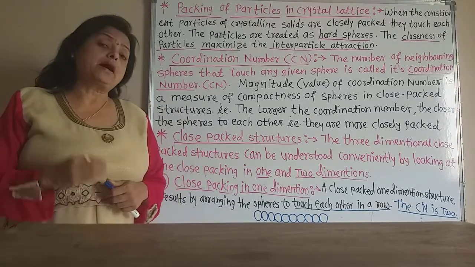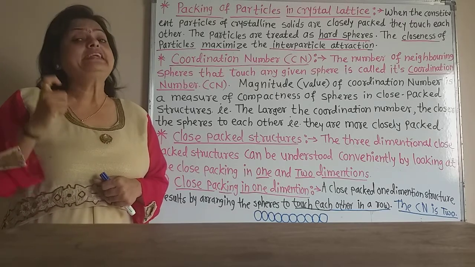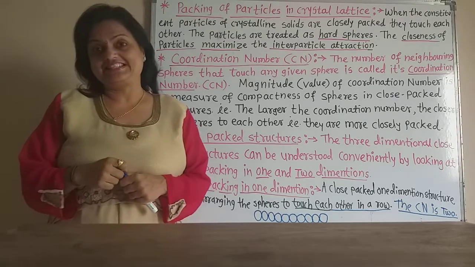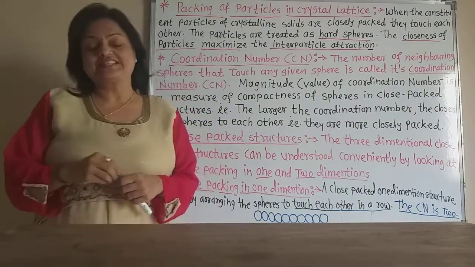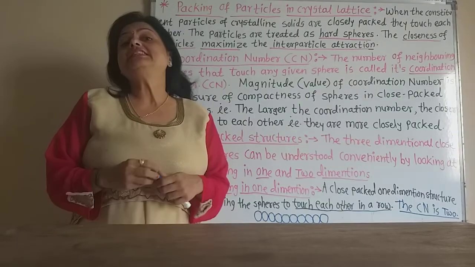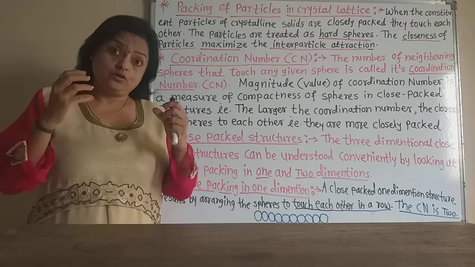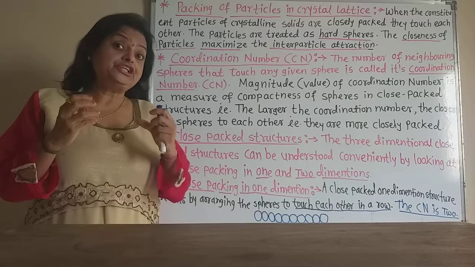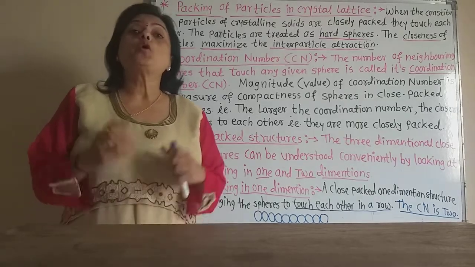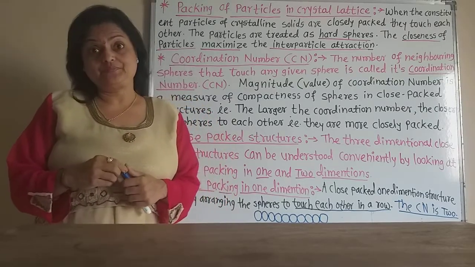Now these particles in the crystal lattice are treated as hard spheres. We know the hard spheres of any metal, and when these hard spheres are in contact or touch each other, then there is formation of close packed structures of these spheres.